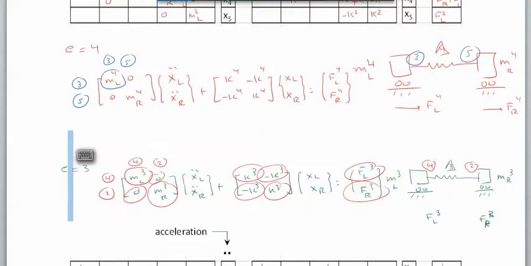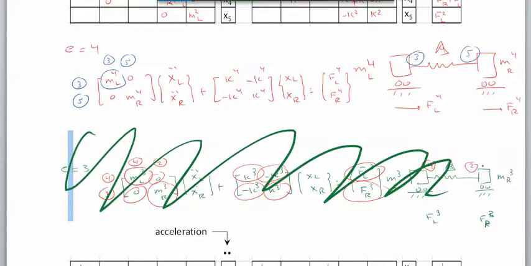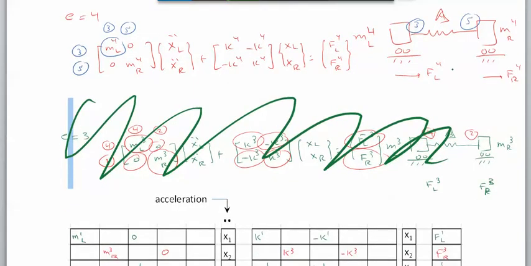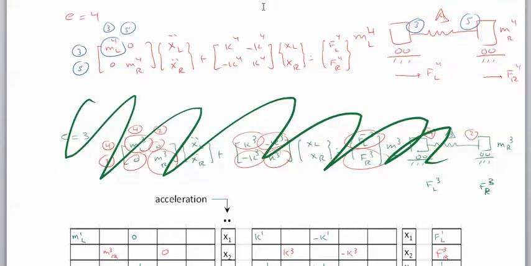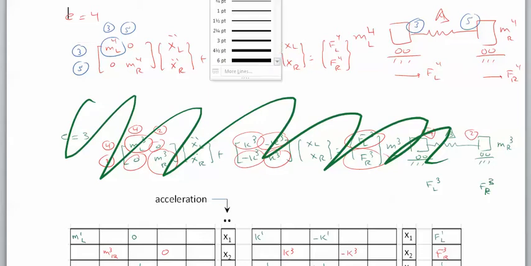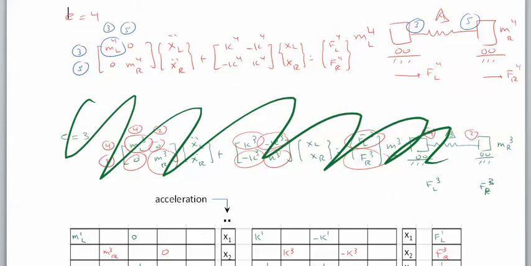What I'm going to do is cross this stuff out to garbage. Okay. And now put these things in the right spots.